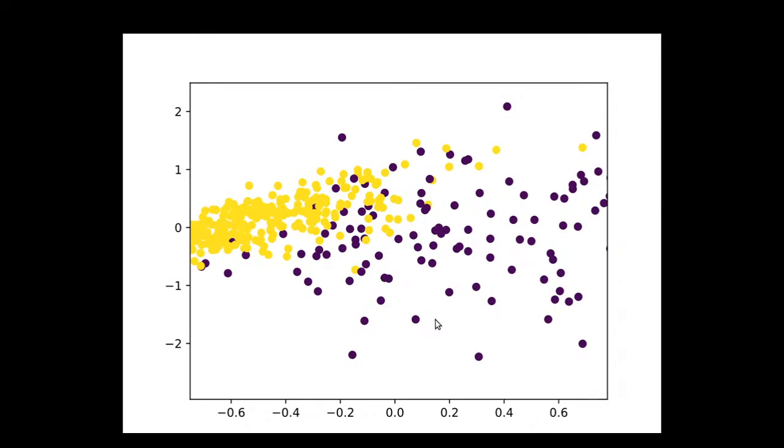So here I just projected the breast cancer data, which has two classes: the first one is yellow and the second one is purple. We projected the 30 dimensions into 2 dimensions, and here you can see how two clusters of breast cancer data are formed.